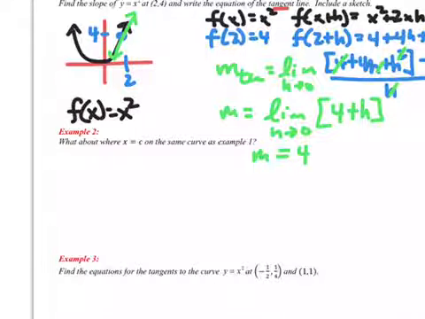Okay, on example 2, I want to take a slightly different approach. We're going to use the same graph. We're now changing this from where x equals 2 to where x equals c. I'm going to keep this in general terms for just a moment.